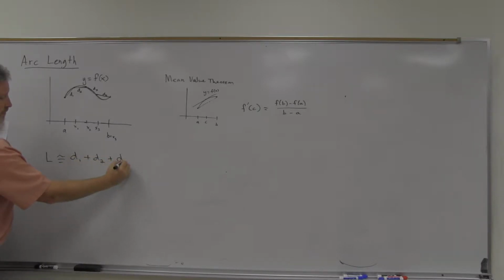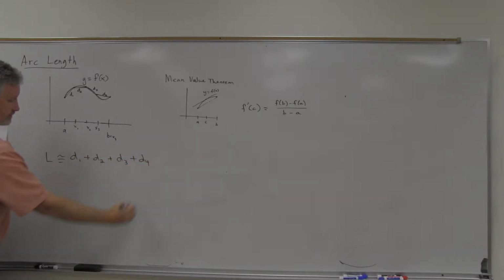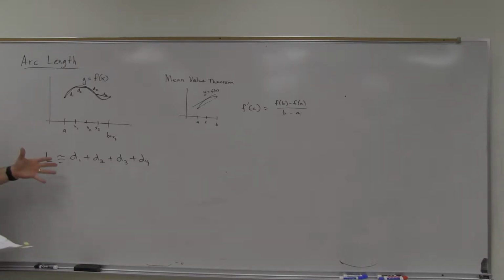And so if we can come up with some value for those segments, then we've got ourselves an approximation anyway. The arc length would be approximately that. And then we'll talk about how we can make it much better.